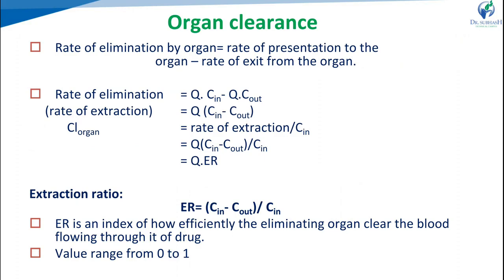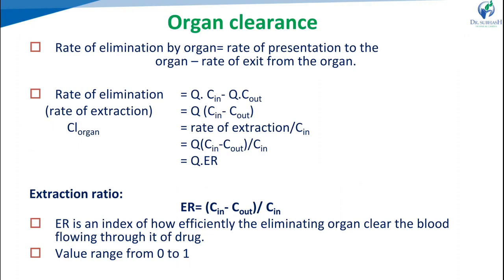In that, regarding organ clearance, the rate of elimination by the organ is equal to the rate of presentation to the organ minus the rate of exit from that organ. So the equation becomes Q into C in minus Q into C out. Q is the blood flow, C in and C out mean rate in and rate out.